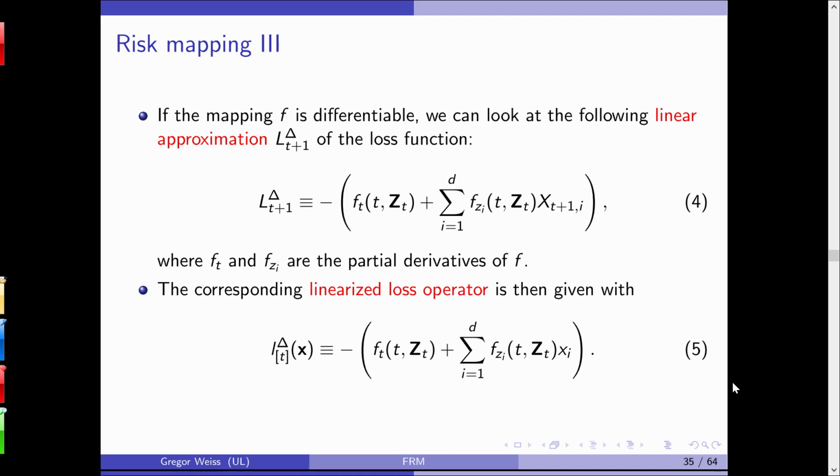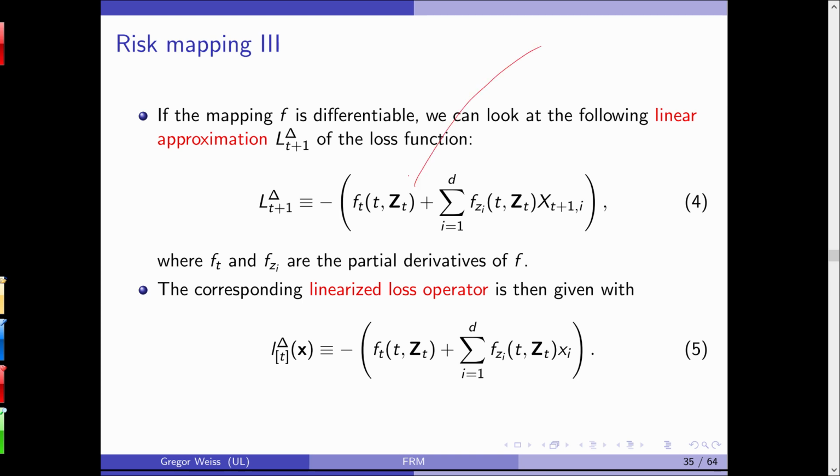I'm only showing you this for one particular reason. Do you know one example in which case you actually have some partial derivatives at your disposal of a pricing function? And in which case you use this linearization and this linear approximation of the loss function?